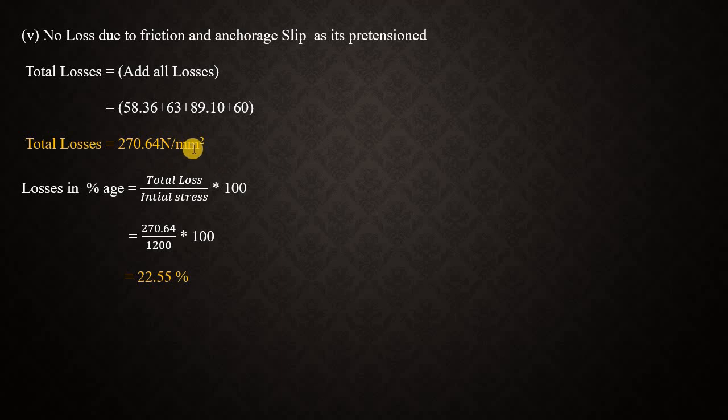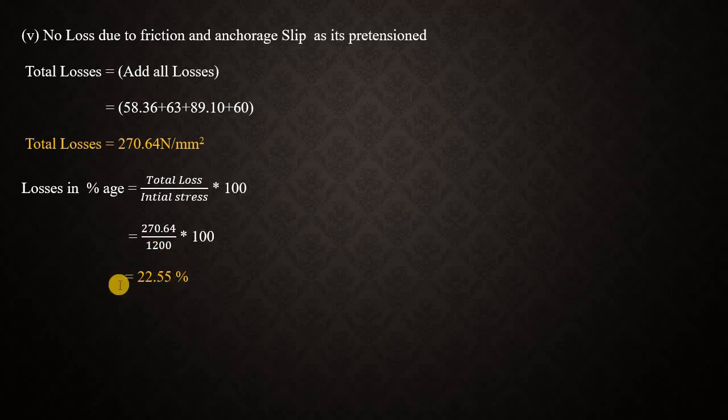This is in terms of stress. But if we want it in percentage, we can calculate like this, that is total loss by initial stress into 100. We know the total loss is 270.64 Newton per mm square, and the initial stress is 1200.